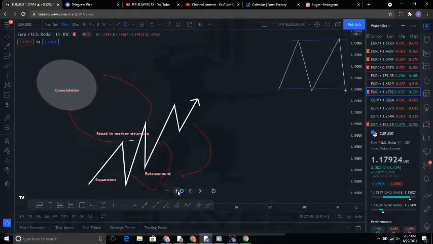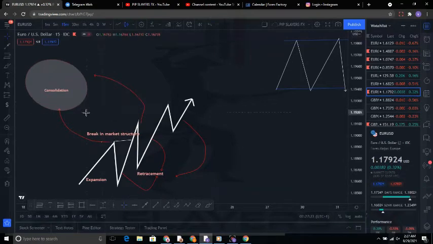Now looking at this, there is a consolidation at every peak. At this higher high, there is a consolidation, and then a break of this consolidation.